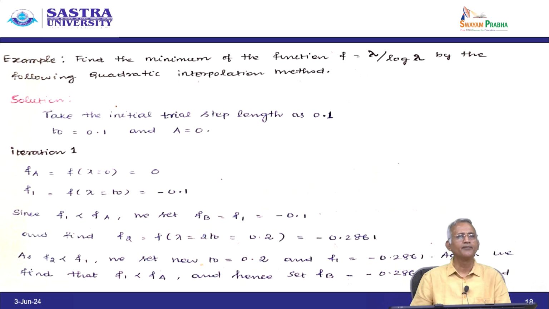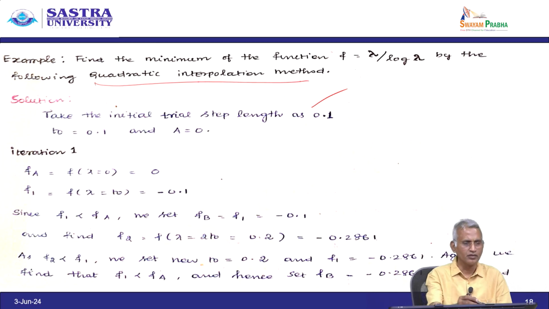Next example: find the minimum of the function f equal to lambda by log lambda by the following quadratic interpolation method. Quadratic interpolation method. So, take the initial trial step length as 0.1, so T naught equal to 0.1 and A equal to 0.